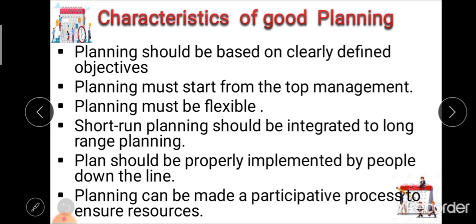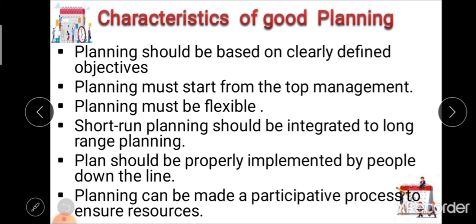Another characteristic is that planning must start from top management, as we earlier studied the different management levels. Next, planning must be flexible. That means if there is any uncertainty or change, it must be accommodated in planning; planning must be flexible, not rigid.